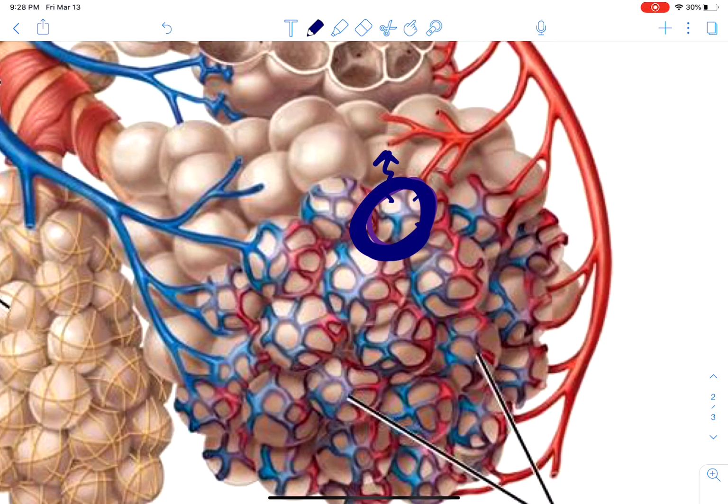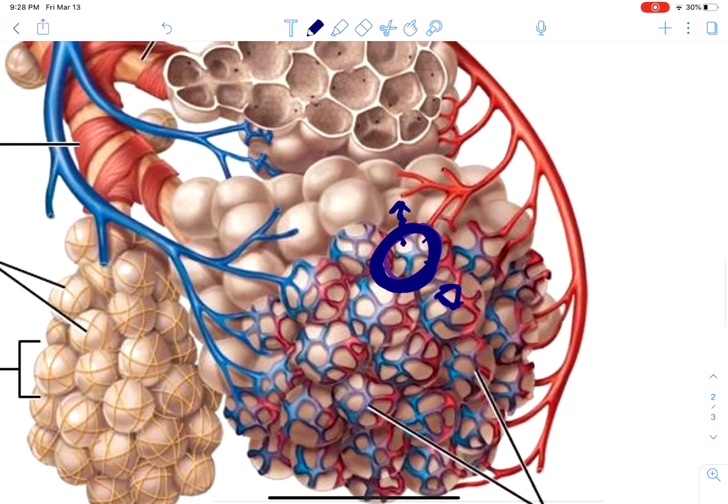And if you increase the pressure in these capillaries here, then what that's going to do is cause fluid to move from the capillaries into the alveoli here. And that's what that capillary filtration is referring to. You have an increase in fluid that's moving from the capillaries into the alveoli, and it leads to a collection there. It leads to fluid in the alveoli.